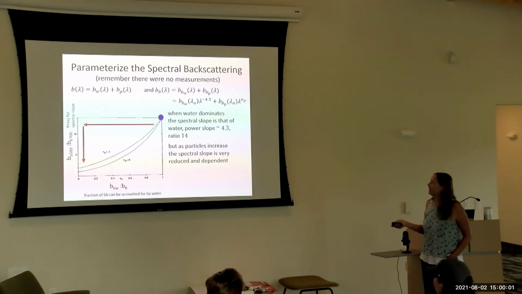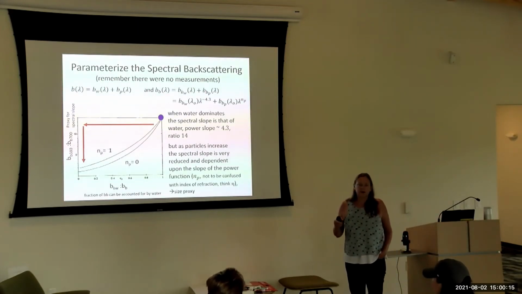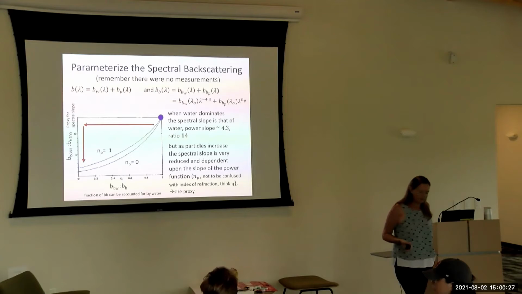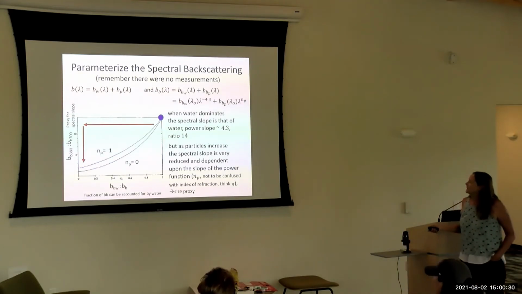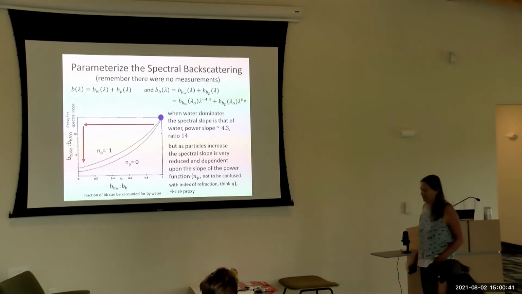But it's dependent upon this n_p. And n_p is the coefficient on the power, on the wavelength. And so don't confuse that with index of refraction of particles. It is literally the coefficient that determines the slope of the power law. Okay. So think of it as eta, which is what we use now. So this is when particles are spectrally flat in terms of the backscattering, and this is when they have a -1 dependence. And so you can see that these lines are somewhat different. Okay. Pretty clever.